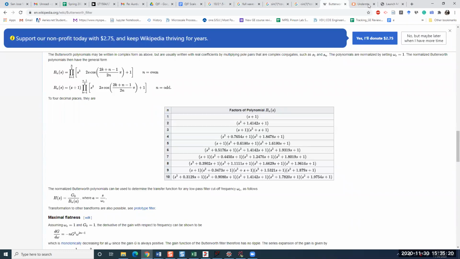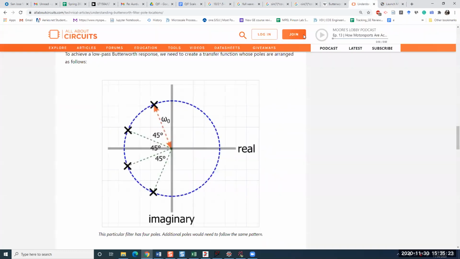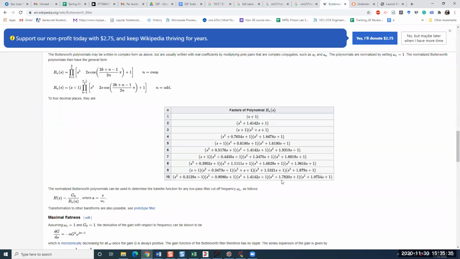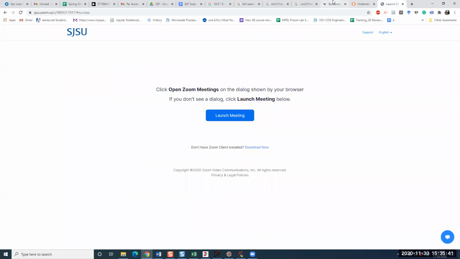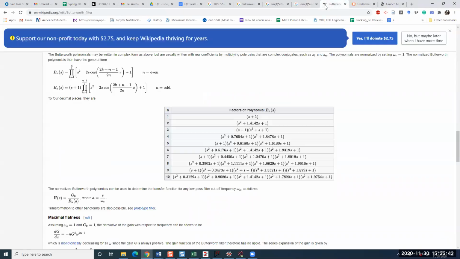This has 2 poles, so you'd have one here and one here. Then 3 would have one here, one here, and one here. Then 4 is what you see, and then 5 all the way on up. They have 10. I'm not quite sure how practical that is, but I imagine 10 could be needed.